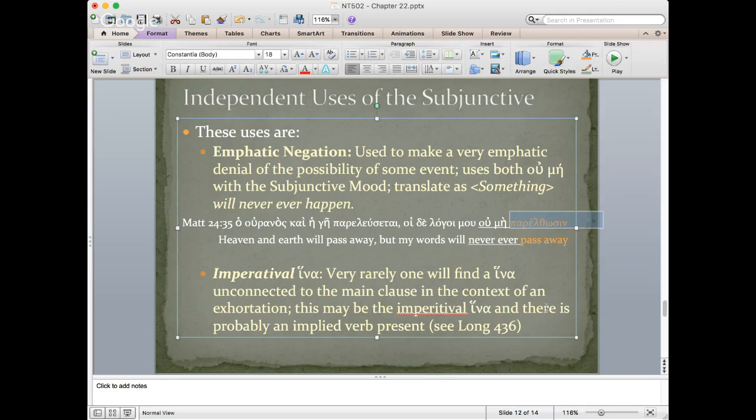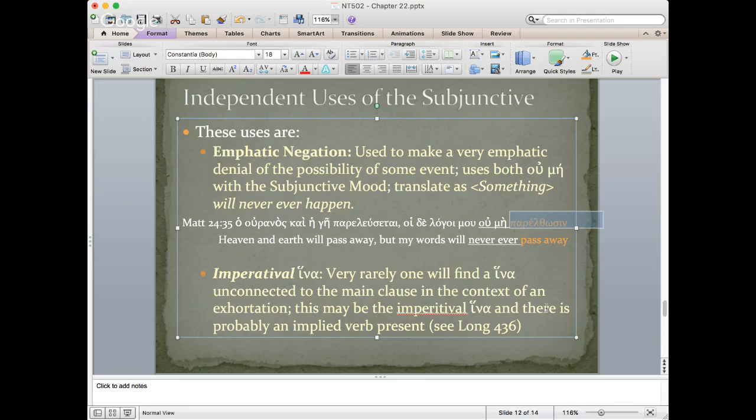And then finally, the imperatival use of the subjunctive, which is going to be very rare. You're not going to normally see it. It's going to, again, be with one of those hina clauses. You're going to find a hina unconnected to the main clause in the context of an exhortation. Long calls this the imperatival hina, and it's probably going to imply a present verb.